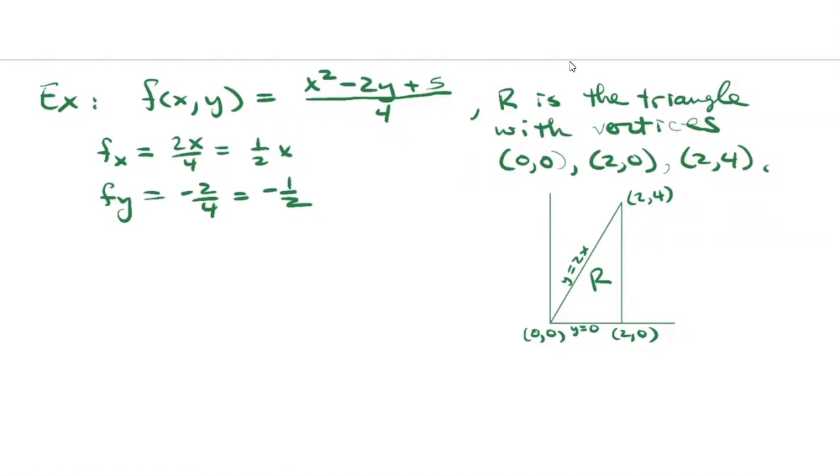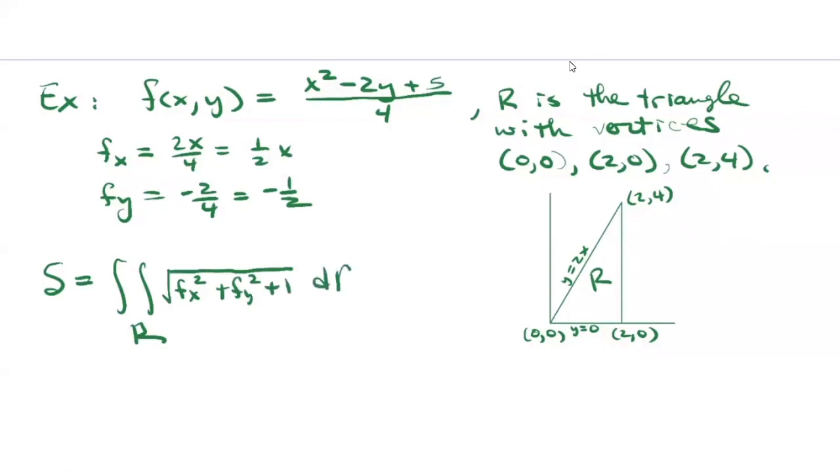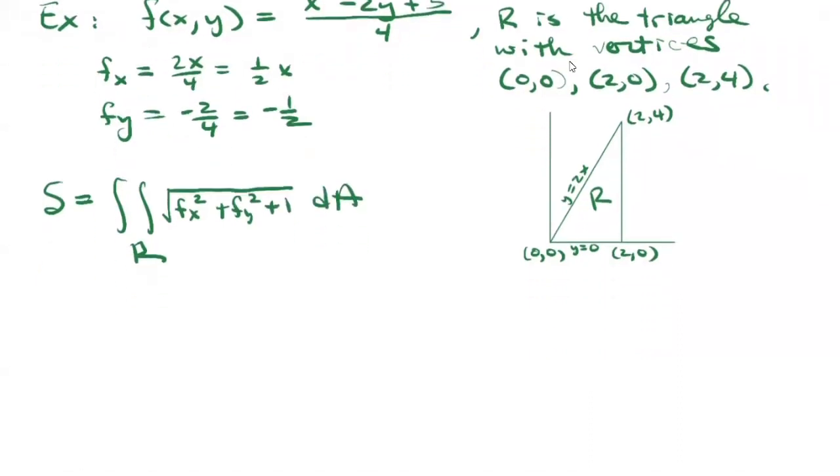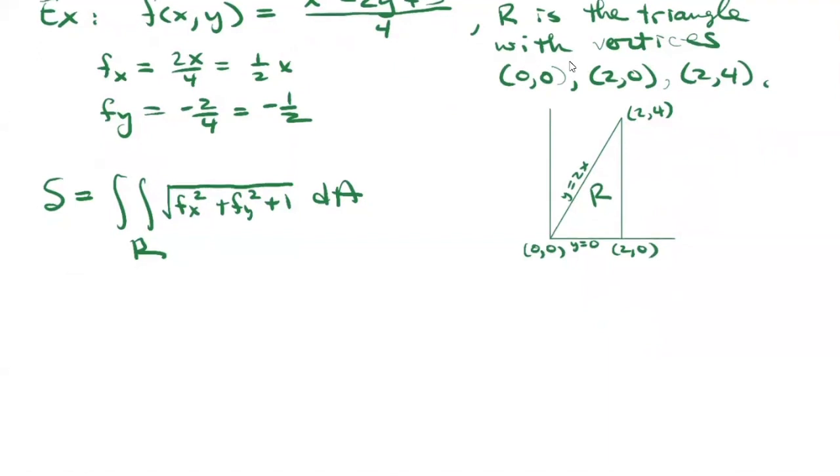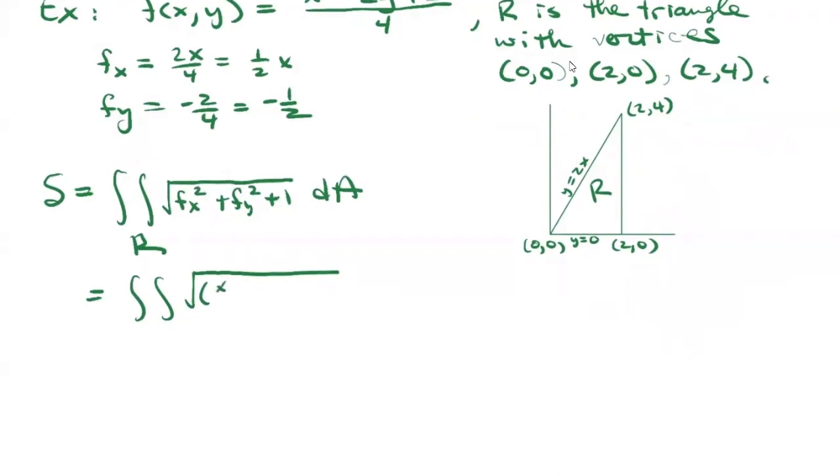Okay, and then the surface area is the double integral over R of the square root of fx squared plus fy squared plus 1 dA. So fx is going to be x over 2, so x over 2 squared plus -1/2 squared plus 1.